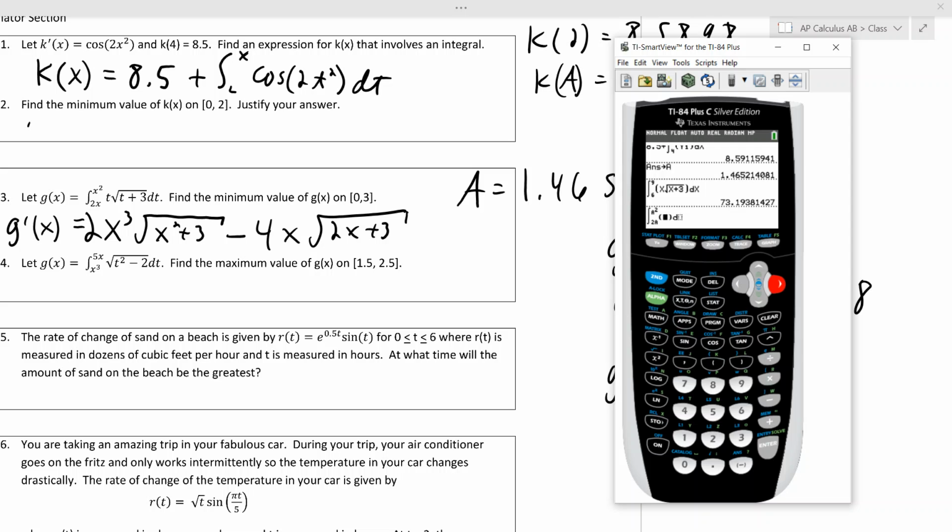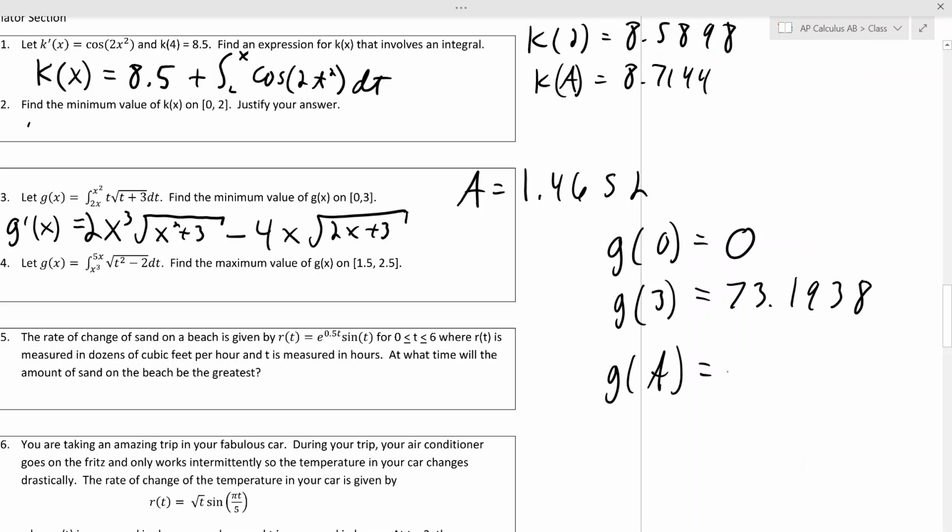That's the same thing, and then we have x, so same integral, the square root of x plus 3 dx. Double check everything I'm typing here. Looks good. This should be a big negative number. It's not. It's just negative 4.689, but it's negative.